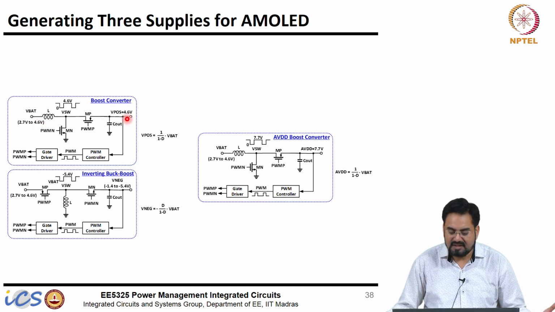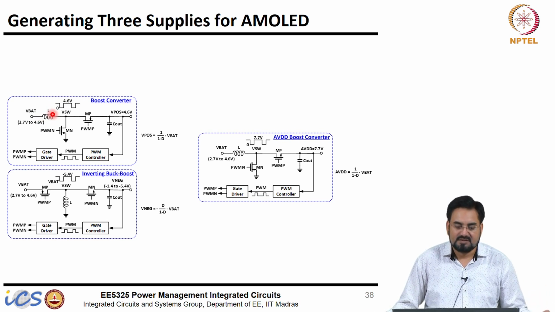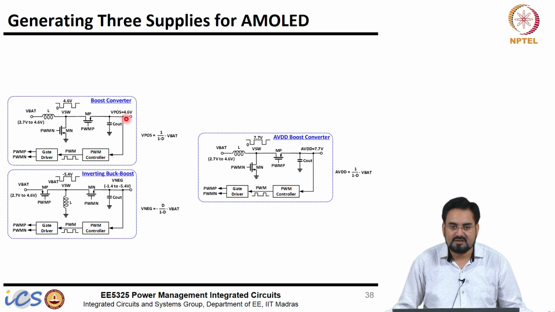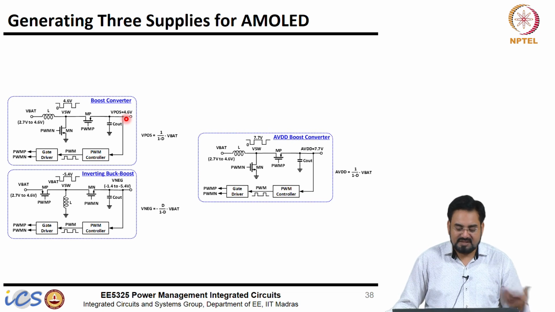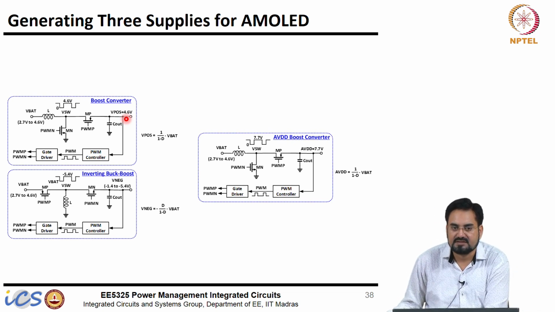Then you can hardly regulate the output at 4.6 volt. Even if you make it 0% duty cycle, you just bypass it, it is a boost, so 0% duty cycle means Vin equals Vout. There will be some IR drop from the current being drawn, so the output will always be less than your input. So we can hardly regulate at 4.6 volt, it is very difficult.